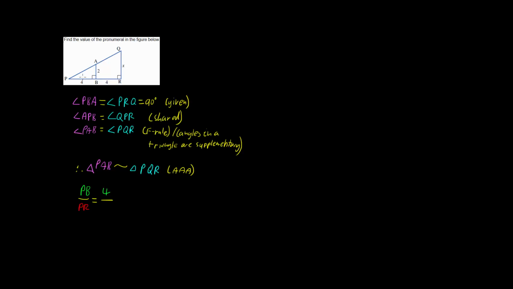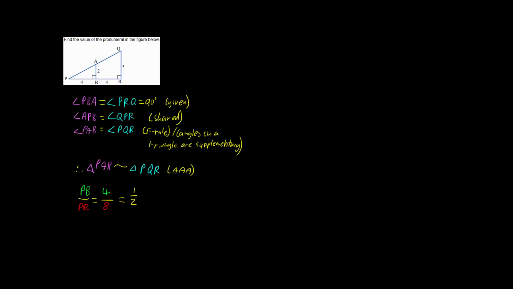And the distance between P and R is 8, because it's these two distances put together, 4 and 4 is 8. If we simplify this, we have the fact that PB over PR is 1/2.